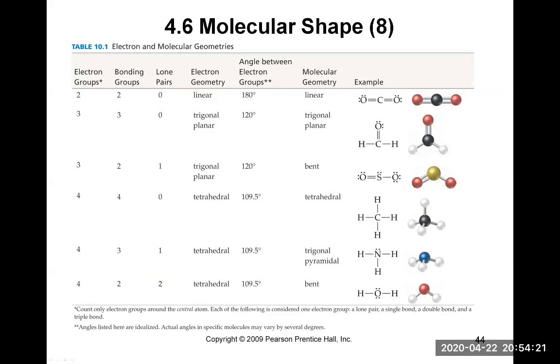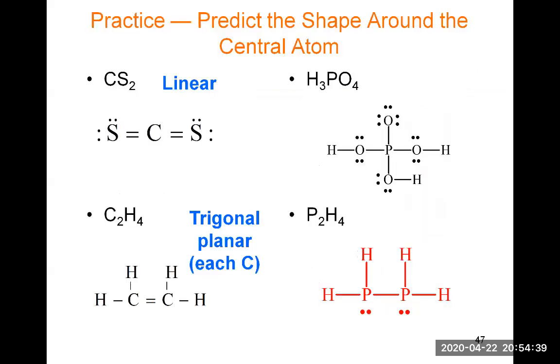It says the electron geometry is tetrahedral and the molecular geometry is tetrahedral. So that means the shape around P is tetrahedral. You could look also at the geometry around the oxygens and focus on an oxygen at a time and also find out the geometry around them. But let's move on to P2H4.